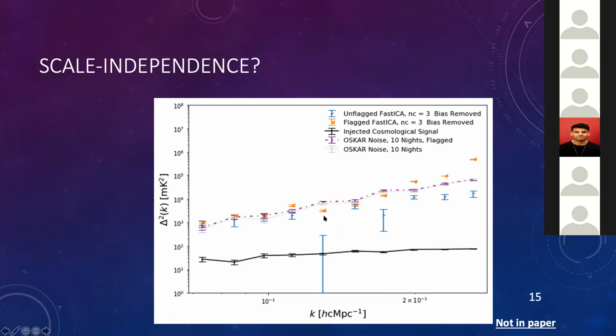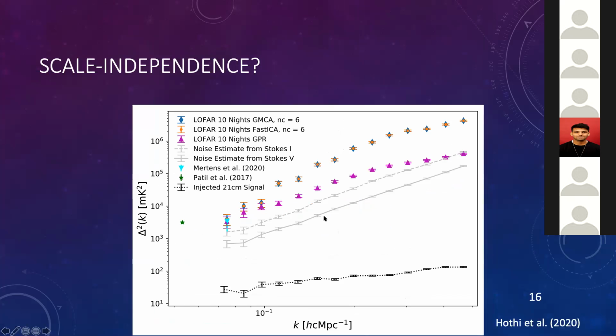What is in fact going on here is due to the scale independence of our observed signal. Again, on the lower K values, 6 components works fine. We recover the same upper limit. But as we go to higher K values, all of those instrumental effects that we mentioned increase the number of independent components.